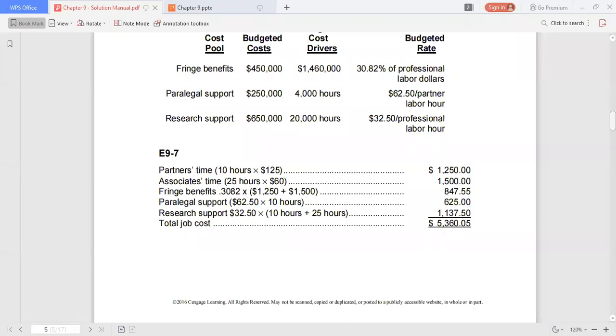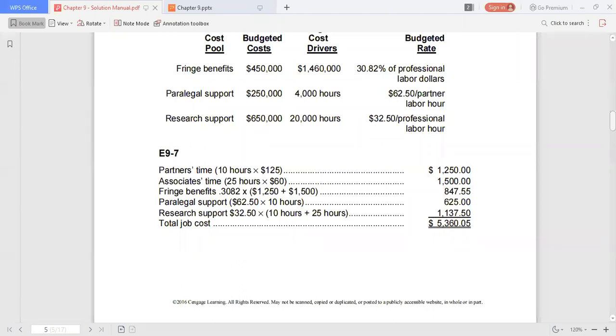So we multiply the rate by the result of adding 1,250 and 1,500. So in other words, the fringe benefits is computed based on the partners and associates salaries.